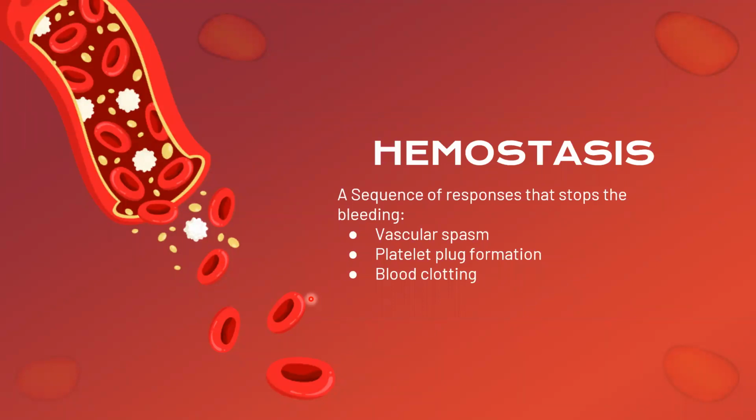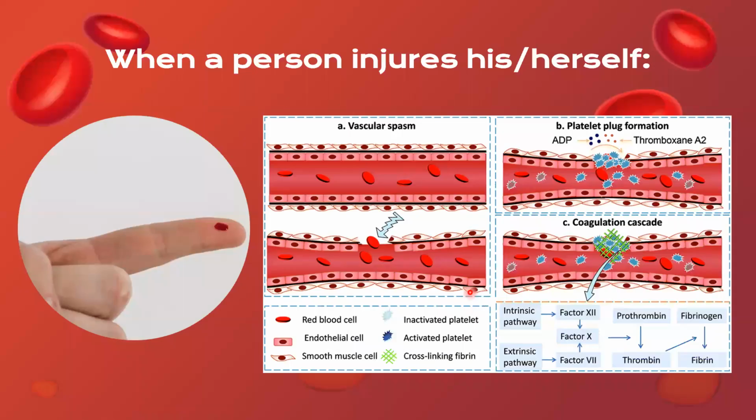Hemostasis is a sequence of responses that stops bleeding. The sequence of hemostasis includes vascular spasm, platelet plug formation, and blood clotting. When there is an injury, vascular spasm will occur, and then there would be platelet plug formation.